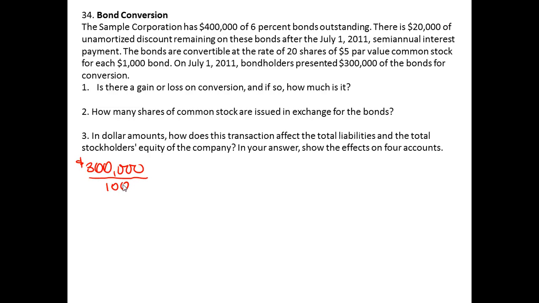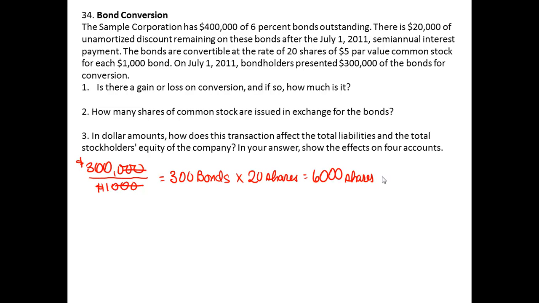So the first thing we have to do is figure out how many shares of stock. So we need to know how many bonds there are. So there's 300 bonds, and each of those bonds would be converted into 20 shares of stock. So 300 bonds times 20 shares is 6,000 shares.